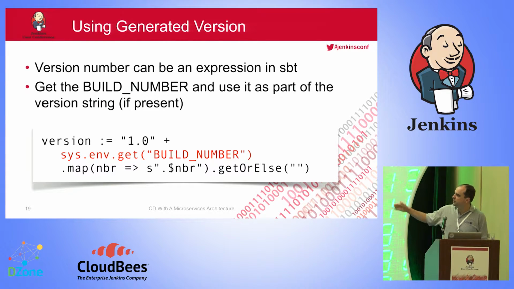And then if there is a build number environment variable present, I append that on to the end of the version. So I might get a 1.0.20 or 1.0.19. Or if it's not present, then it just is an empty string, so it's just 1.0. So on a development machine, it would be 1.0. On Jenkins, it will have a micro number corresponding to the actual build.